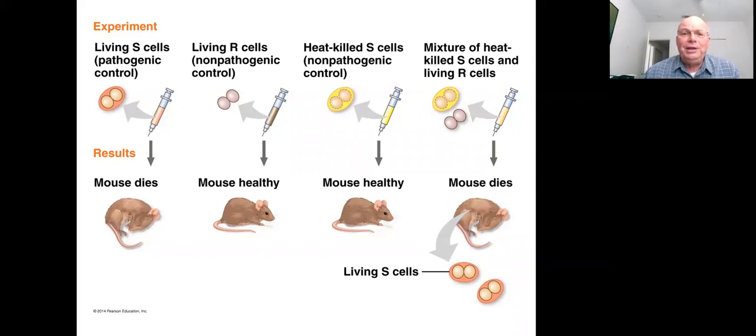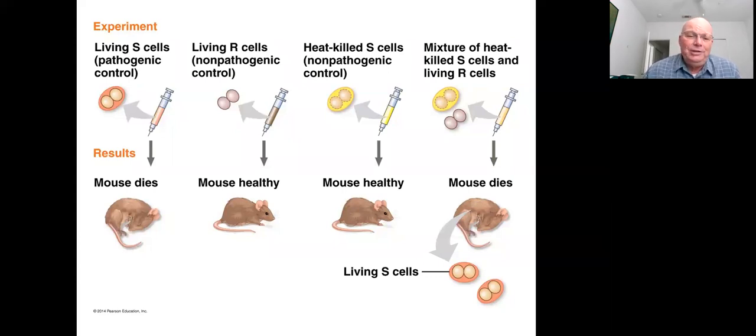So his first idea to create a vaccine was to take the living S cells and apply the technique that was first developed by Louis Pasteur. Raise the temperature of the solution containing these living cells to the boiling point of water, 212 degrees Fahrenheit, 100 degrees Celsius, and hold the temperature there for several minutes, and that temperature, that heat, would kill the cells.